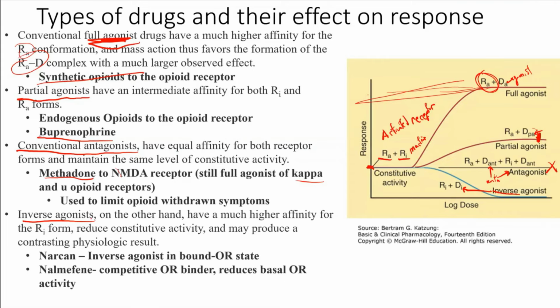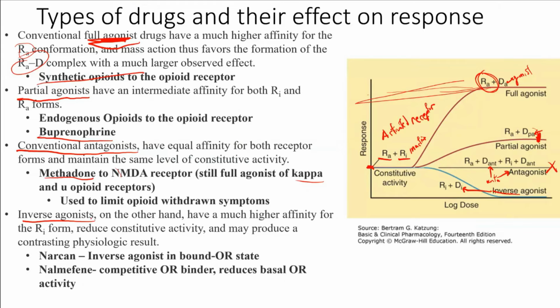One speeds up blood pressure, like a beta agonist. One will lower blood pressure. So it does the opposite response. So inverse agonist is a tricky one because it has to not only stop the activation, but do the opposite of the activation. So, yeah.